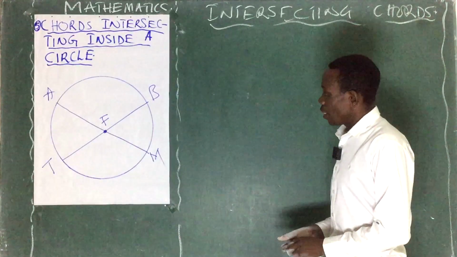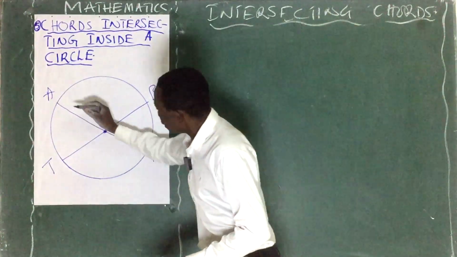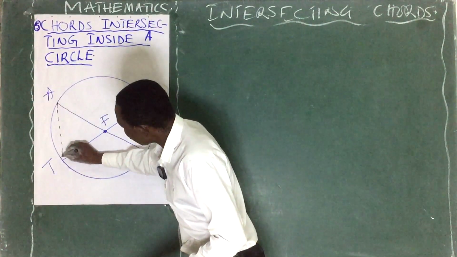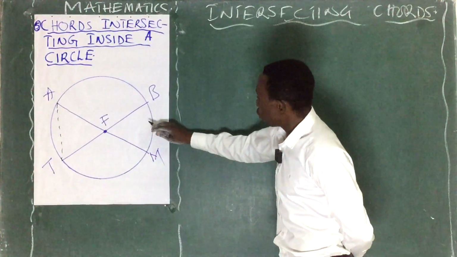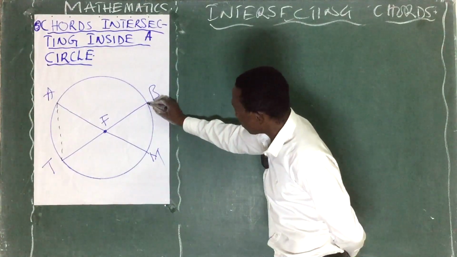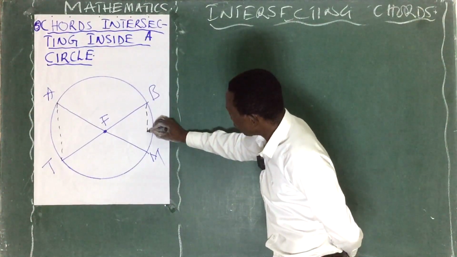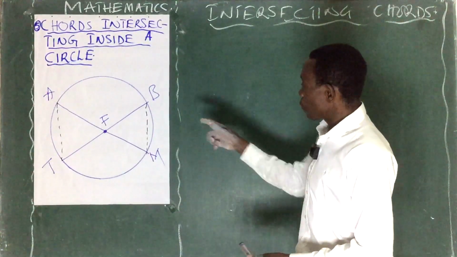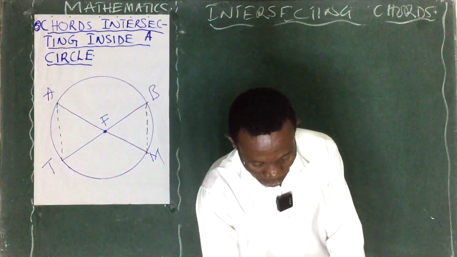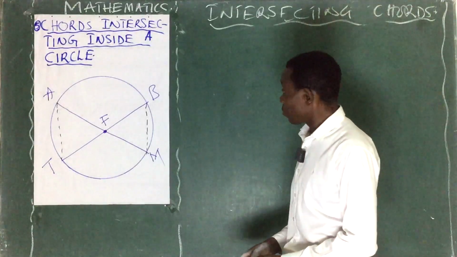Our interest is about chords TB and AM intersecting at F. So can you try to connect A to T like this to form a triangle AFT, and connect B to M by joining through the line BM? Once we have done that, you'll be able to appreciate that we have two triangles there.